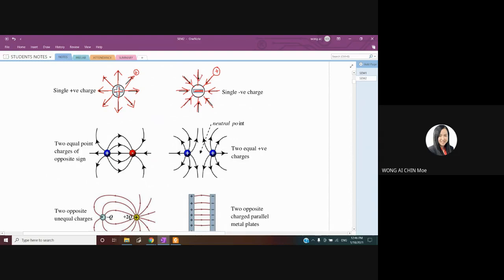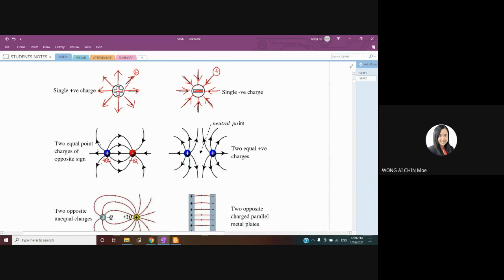If let's say we have two equal opposite point charges, say this is positive Q and this is negative Q. What happens is the number of electric field lines for the positive and negative charge will be the same. For example, this is 1, 2, 3, 4, 5, 6, 7, 8.